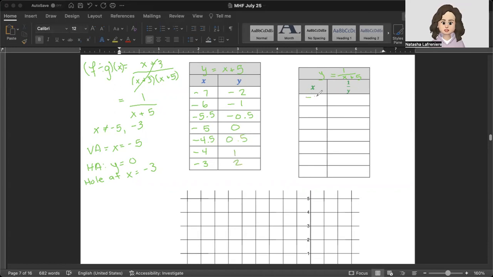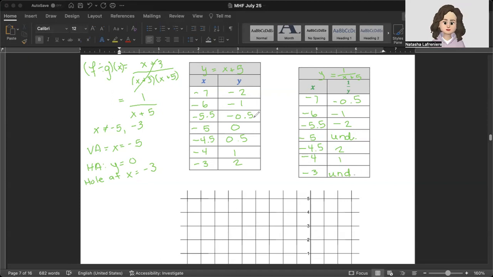And then your points here will be -0.5, -1, -2. This is undefined. 2, 1, and undefined.